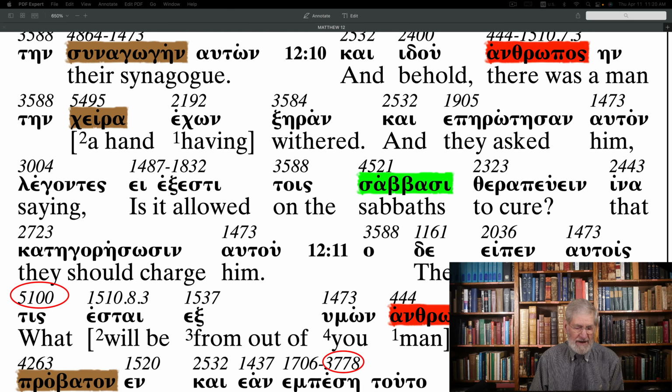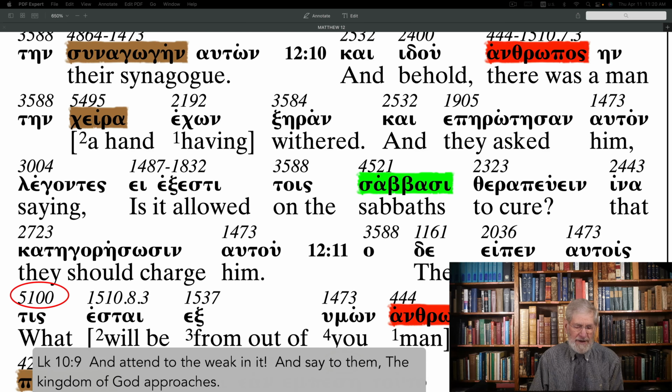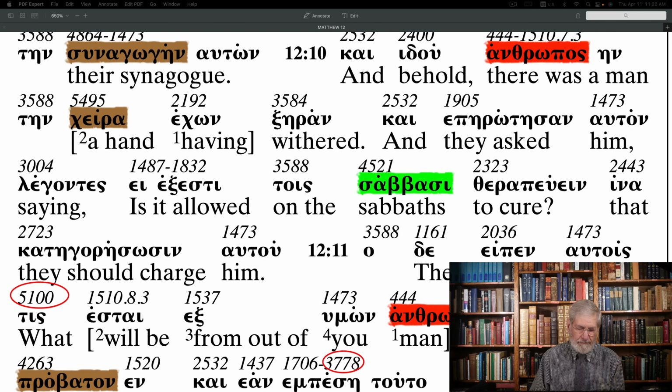In Luke 10:9, it says, and attend to the weak in it. And that's Jesus' command to the disciples. And say to them, the kingdom of God approaches. So attend to the weak. So you wouldn't say cure the weak in it. It just doesn't go. So, but here we have, is it allowed to cure on the Sabbaths?